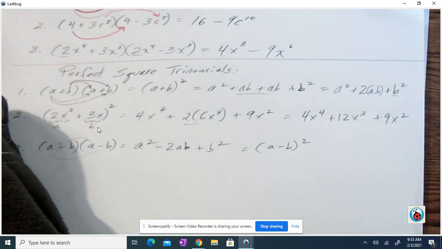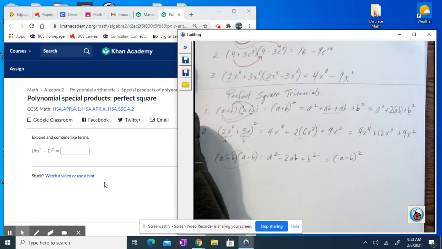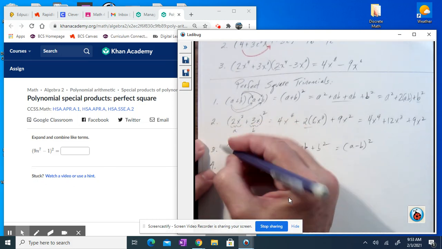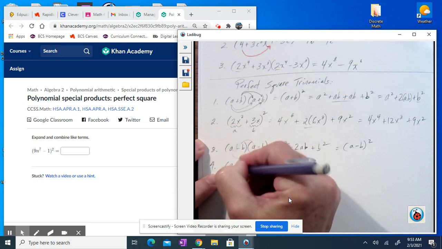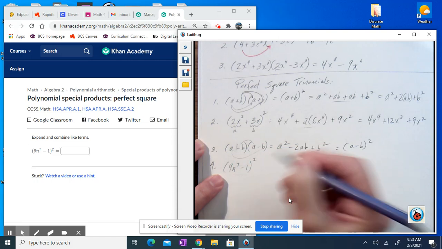All right, so let's look at one of the problems on Khan Academy here. So we have 9 to the 7th minus 1, squared.